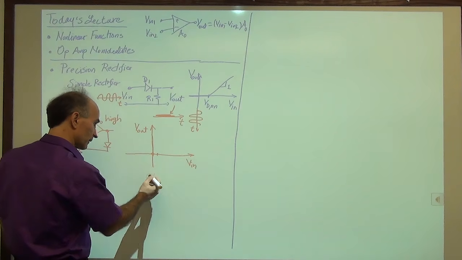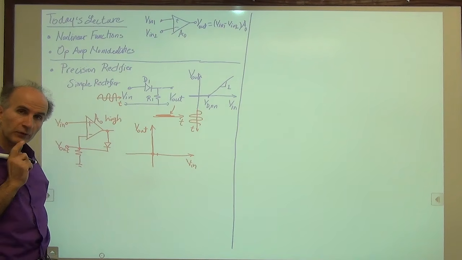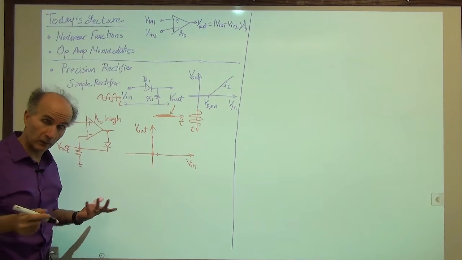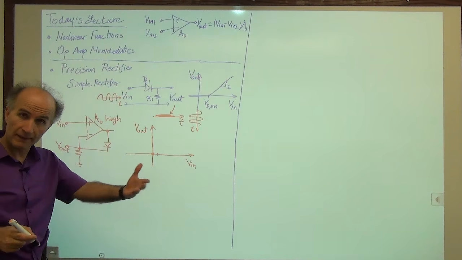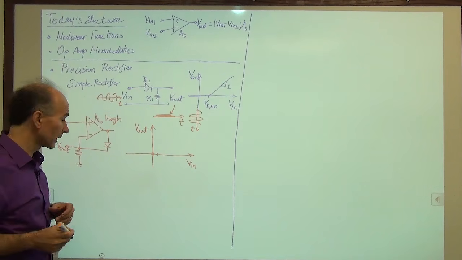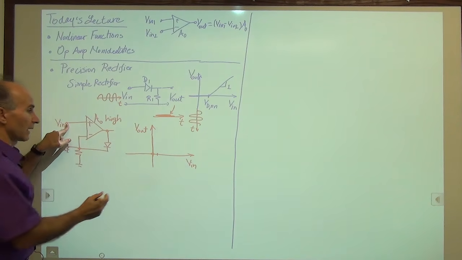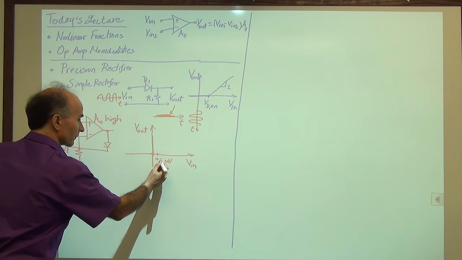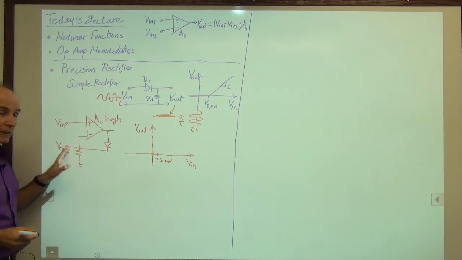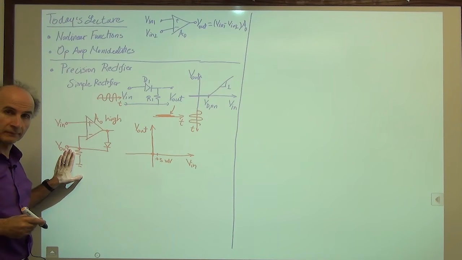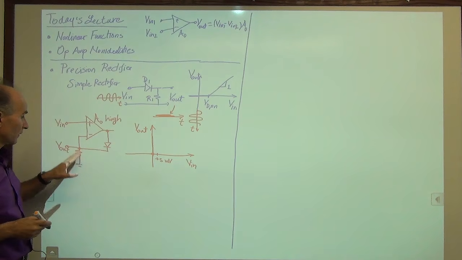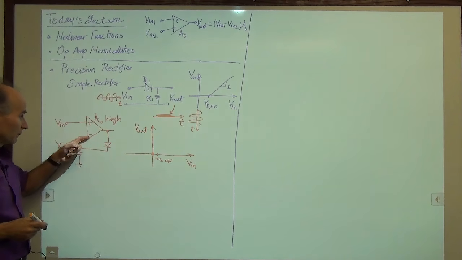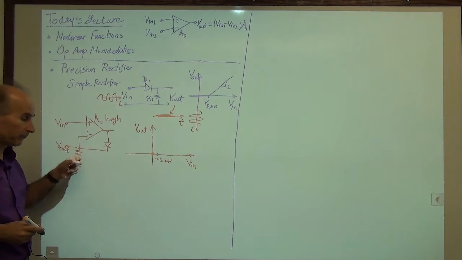What if the input is here? Then what should the output be? All right, well, different possibilities, right? We can make a guess, proceed, and see if our guess is correct. So if V in is, let's say, plus 5 millivolts, one guess would be V out is 0, right? Meaning that this resistor carries no current, and V out is equal to 0. We know that this terminal doesn't carry a current anyway.